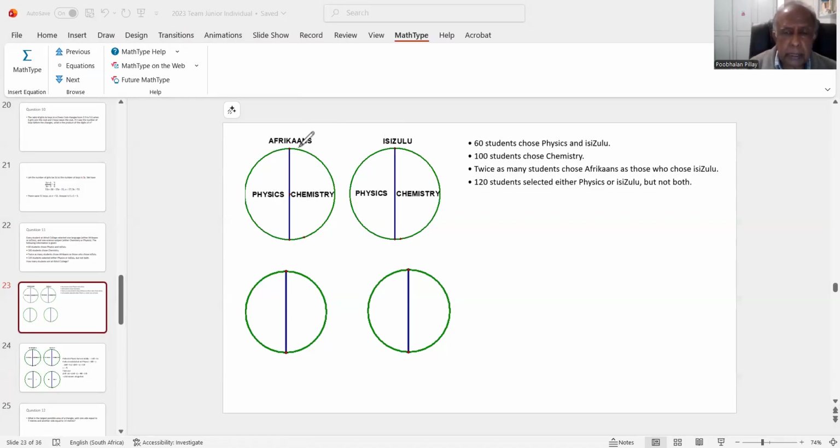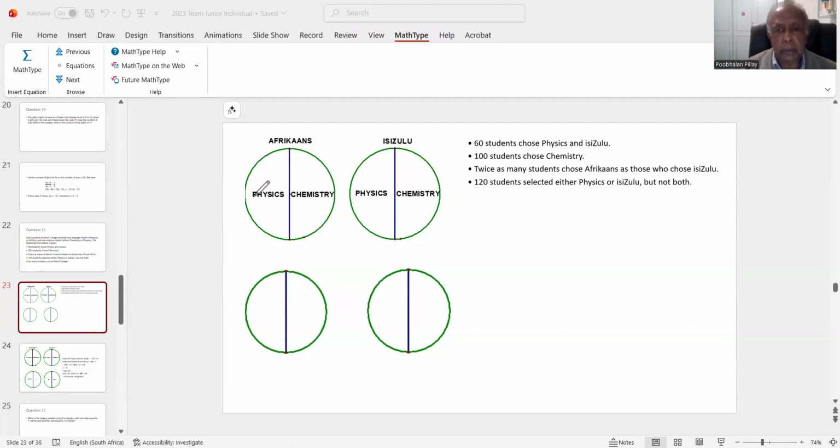So we put Afrikaans in one lot, isiZulu in one lot, and here it means those Afrikaans students who chose physics and those Afrikaans students who chose chemistry, and likewise for the isiZulu students. So these represent the different parts. And if you add all four, it'll give you the number of students in the school. That was the question. How many children are there altogether in this college?